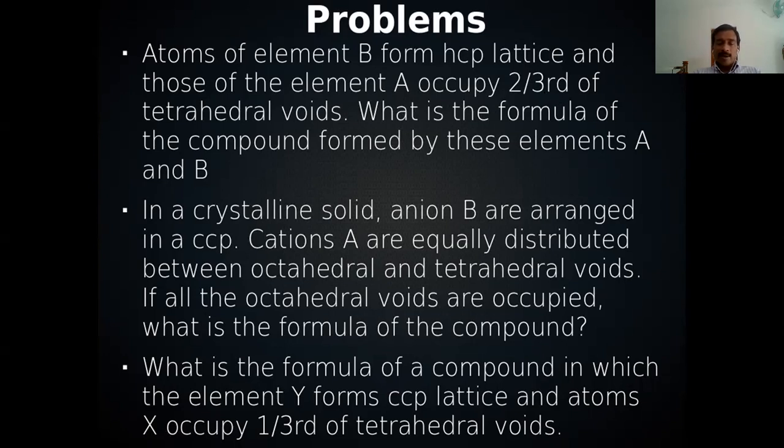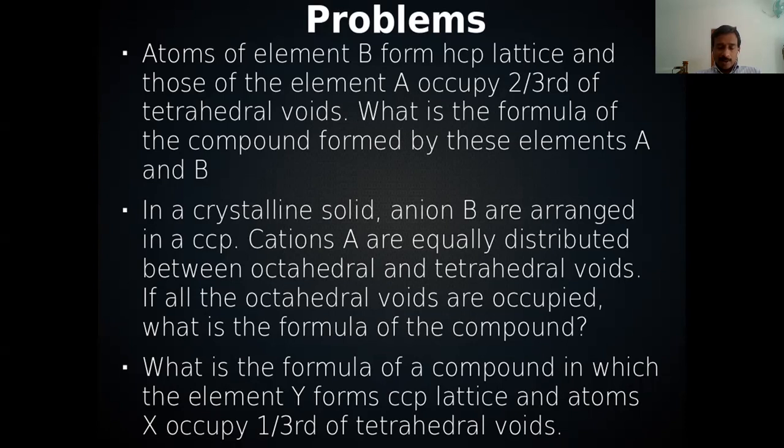So first we have to write A, then B. If there is one particle, then how many voids will be present? 2 voids will be present. If one particle is present, 2 tetrahedral voids are present.